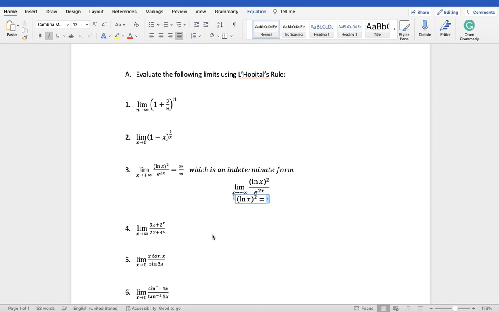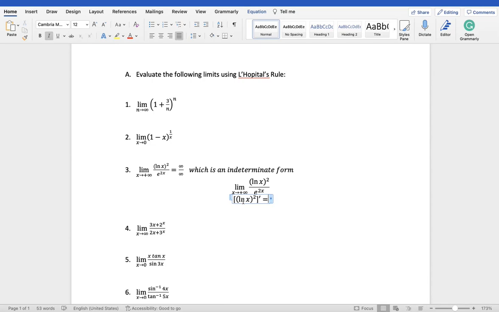We're looking for the derivative of this whole thing here, so let me write the derivative as prime there. And basically we have the derivative of a function squared.